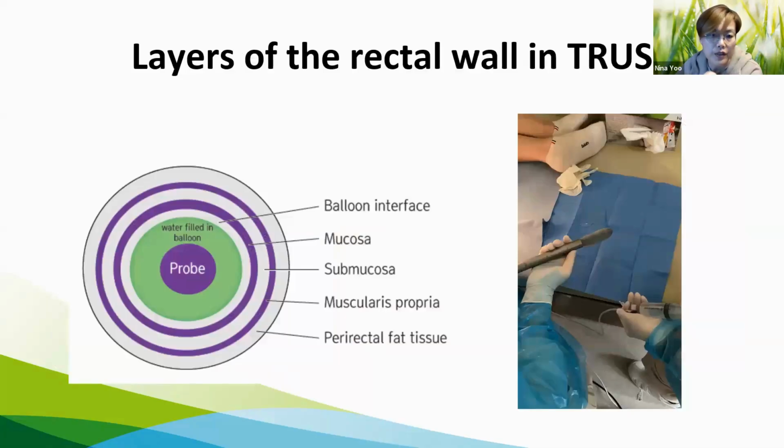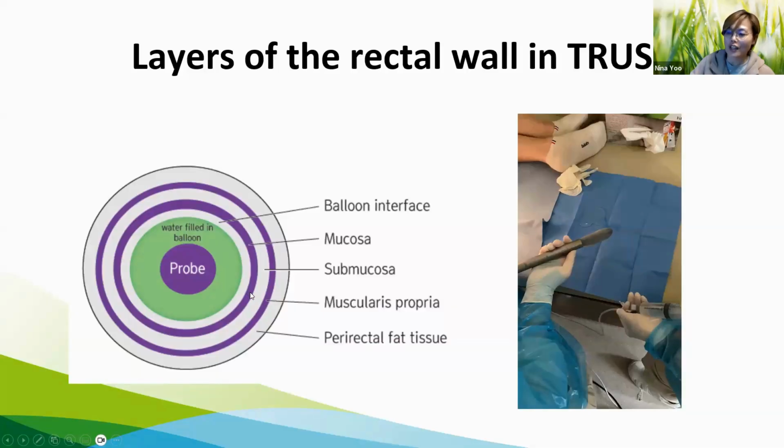Here, this is the key image. Once the probe is located within the rectum, you fill up the balloon, and there is a balloon interface. The balloon interface shows up white, the mucosa will show black, the submucosa will show white, and the muscularis propria will show black.